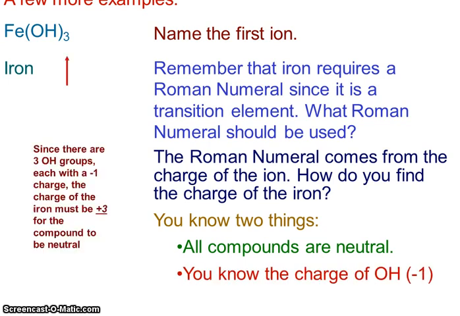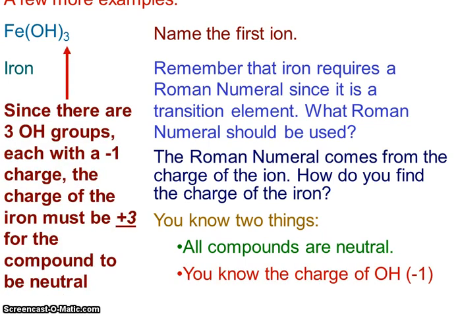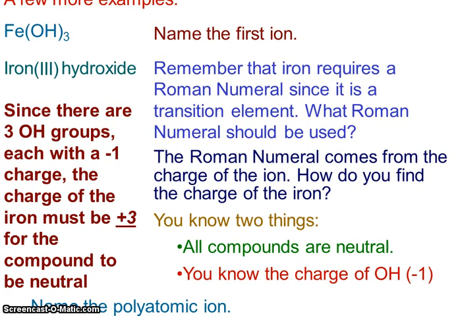If that's the case, that means that I have to have a -3 for the hydroxides, which means I have to have +3 for the iron. So using what we learned just a minute ago, in my parentheses I'm going to put the 3 for the iron, and I'm going to just name the back half of the compound knowing that OH minus is hydroxide. Boom, there you go.